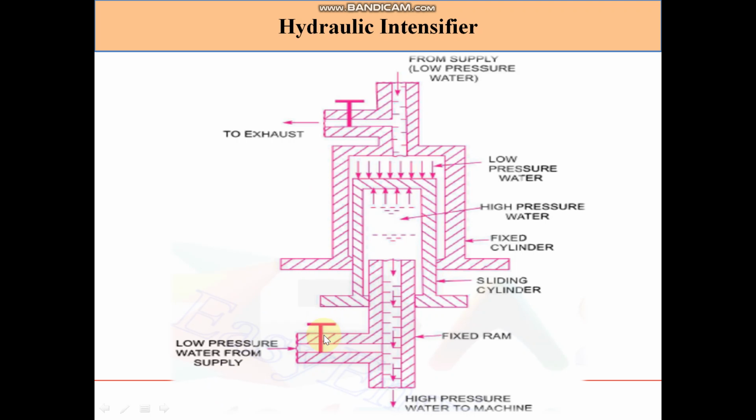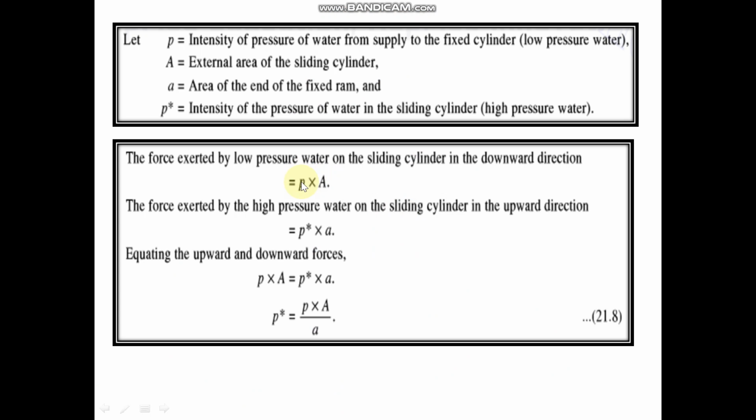So when this valve gets open, low pressure water from the supply comes inside the fixed ram and moves inside this portion of the sliding cylinder. When this low pressure water enters here, it will apply the force on the top side of the sliding cylinder. That's why the sliding cylinder is moving up, and the force applied by low pressure water is equal to pressure into area.